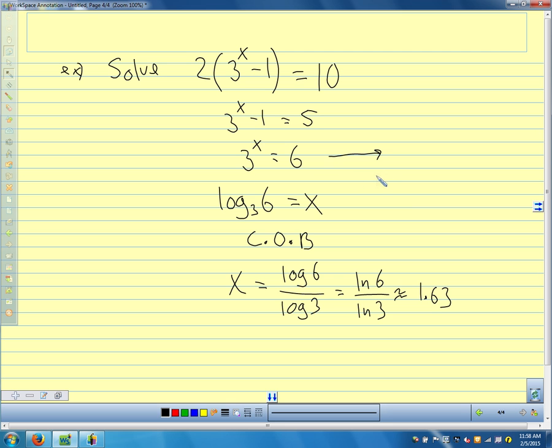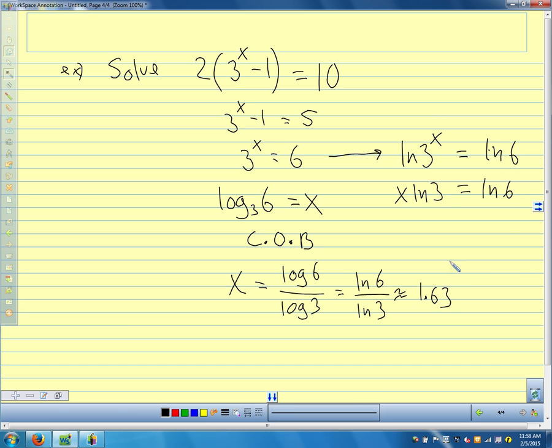So we're going to take the logarithm of both sides. You want to do natural log or log base 10? Natural log. So the natural log of 3 to the x equals 6. And now we're using properties of logarithms. What do I do with this exponent? It becomes multiplication. Oh, I do have to take the natural log of 6.